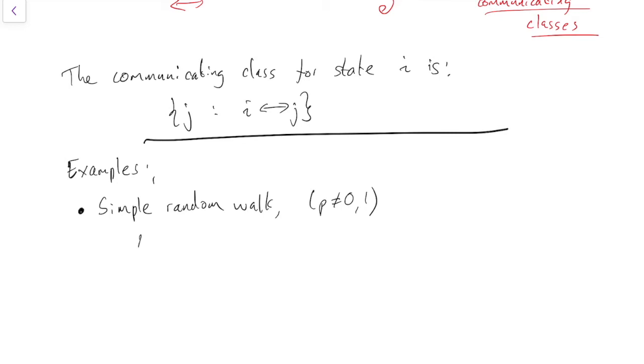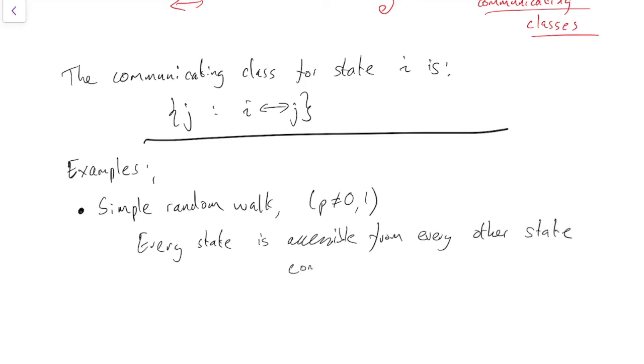So every state is accessible from every other state. Which means that every state communicates with every other state, because you communicate if you are accessible in both directions.